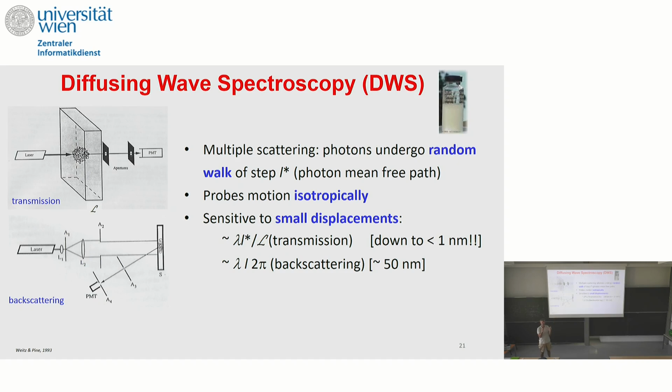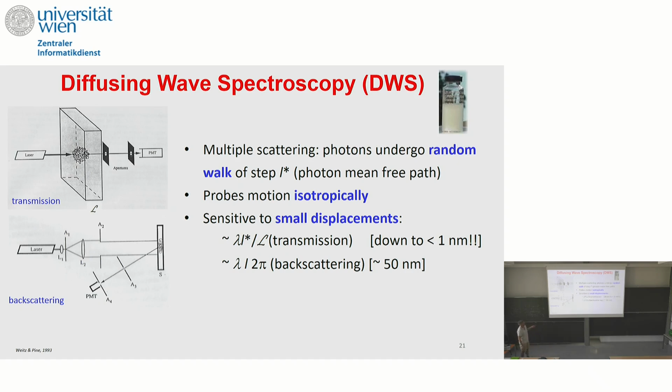And since they undergo tens, hundreds, thousands of scattering events, even if each particle moves by that teeny tiny bit, you add up all the changes in phase during the propagation of the photon due to these teeny tiny changes in particle position, and you get something which is comparable to the wavelength of the light, which is the condition in order to change a speckle from bright to dark.